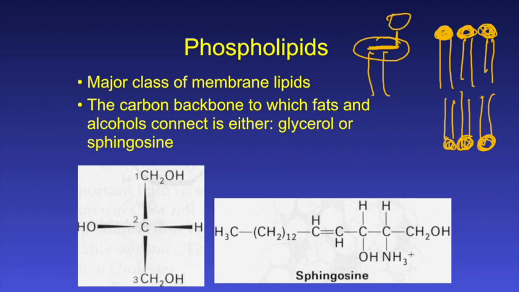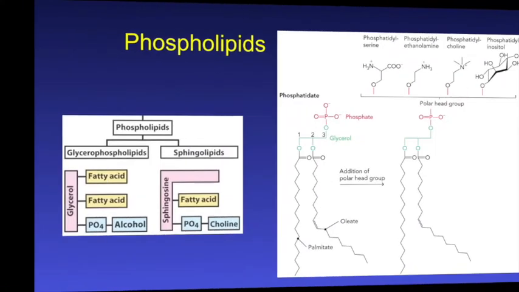Now those two molecules don't look really similar written this way, but when you add the two fat groups to glycerol and the one fat group to sphingosine, three-dimensionally they almost look identical, but it doesn't look like it in these drawings.